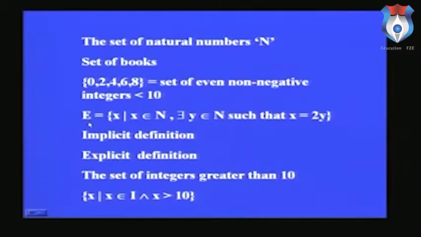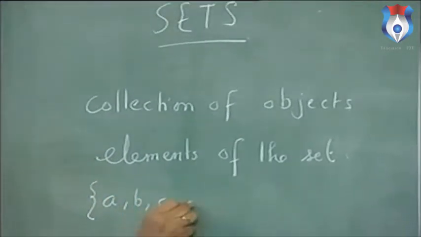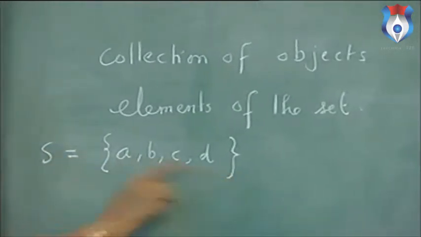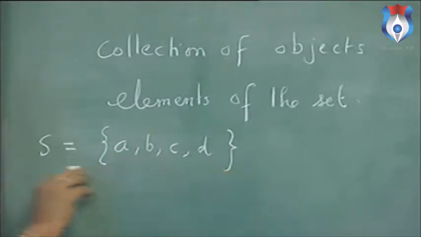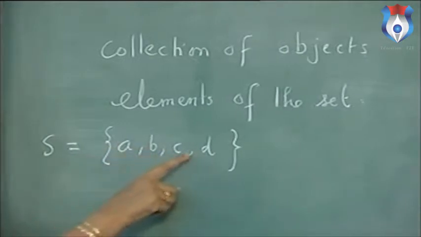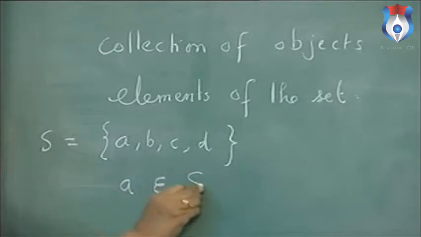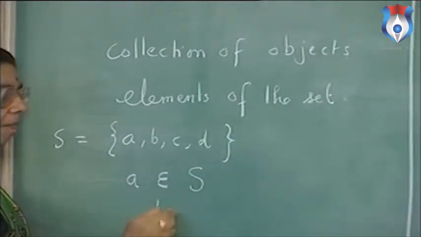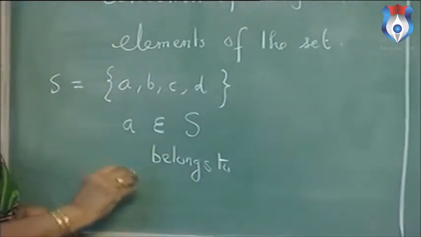Usually, a set is denoted like this, and the elements are written within curly brackets. So, S denotes a set which consists of elements a, b, c, d. Now, you say that a belongs to S. You use this symbol for belonging to. So this means a belongs to S, or a is in S.